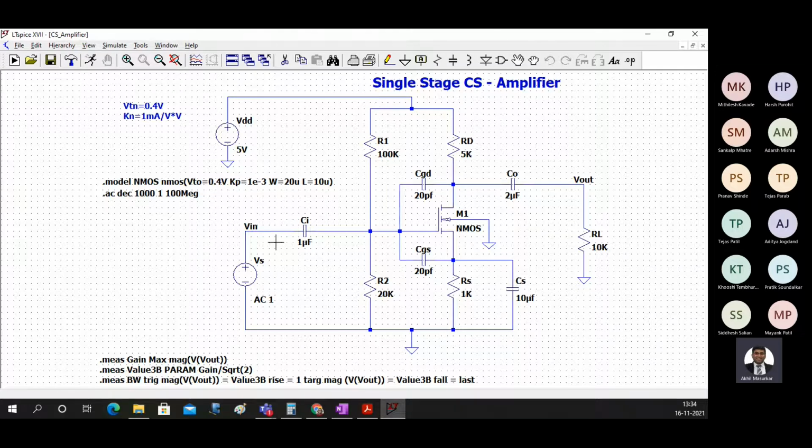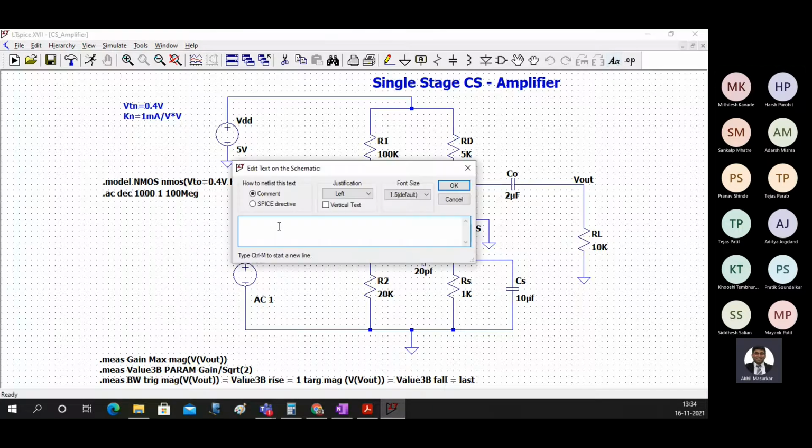Now here you can see there are two more capacitances, CGD and CGS. I have inserted them just for the sake of showing you the frequency response. It's not a part of your syllabus, but I want to tell you a concept through that. So I'm just writing here what is CGD.